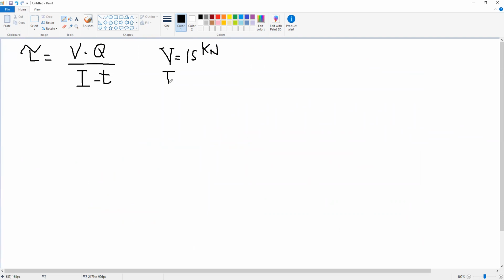We have Ix, we just calculated Ix equal to 5.2 times 10 to the power 6 millimeter to the power 4. This is what we have done till now. The next step is how to calculate the shear stress distribution. If we draw the section again, I will draw the section again here.